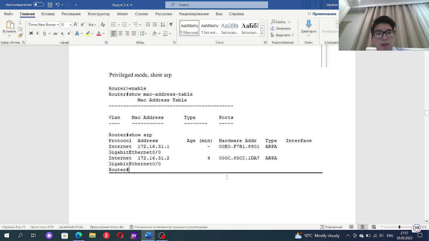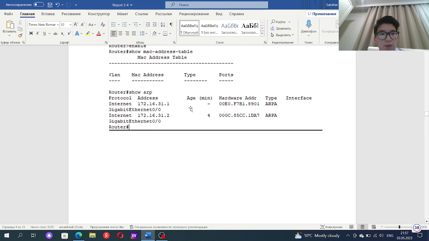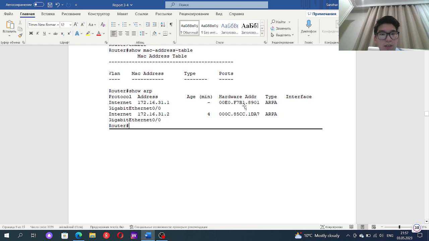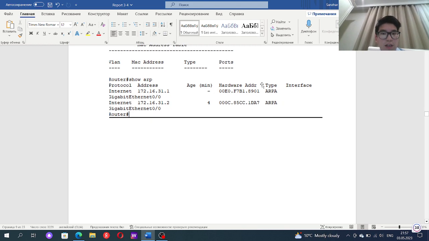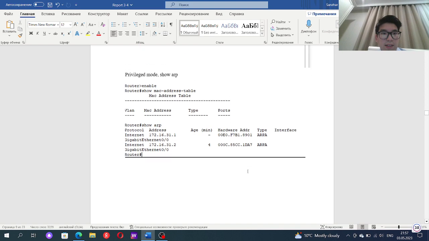We go to privileged mode to show ARP. Again, we wrote enable and came to privileged mode. At the hash prompt we ran show MAC address table, and as we can see, the type is also ARPA. It's correct.